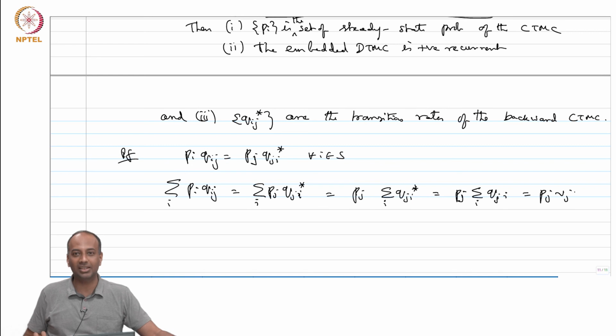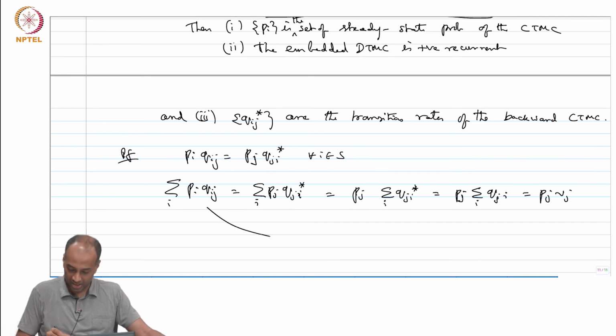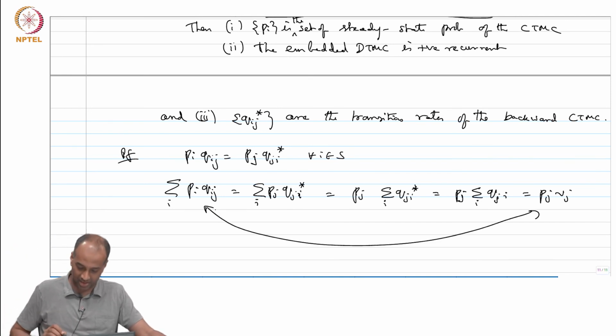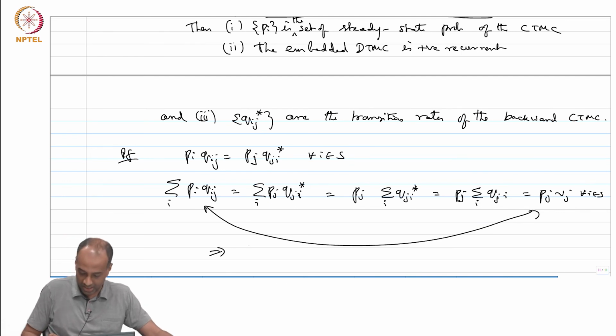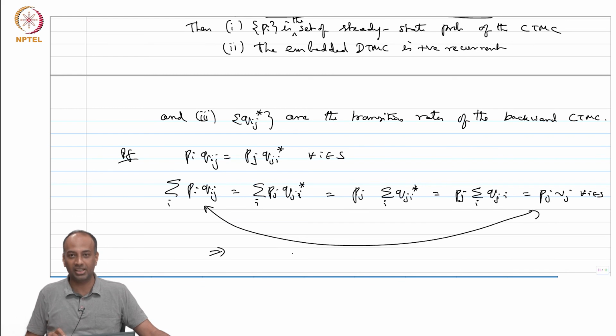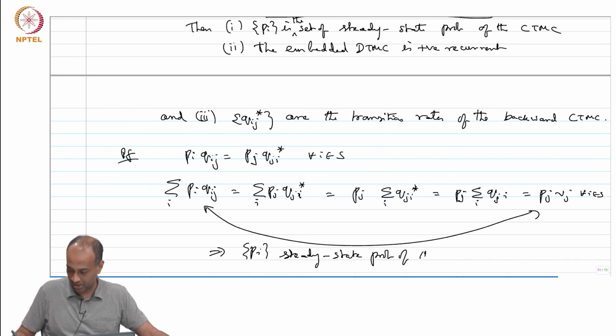So, these are again the balance equations. The Pi's that I managed to guess satisfy the global balance equations, sum over Pi Qij equals Pj nu j, for all j. And of course, Pi's are all positive and they sum to 1, so this implies Pi's are the unique steady state probabilities. They are the unique solution to this equation and they are the steady state probabilities of the CTMC.